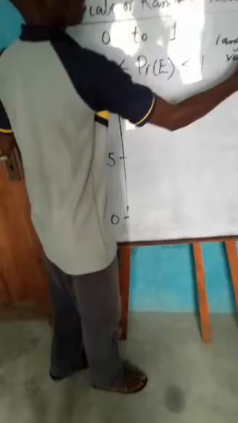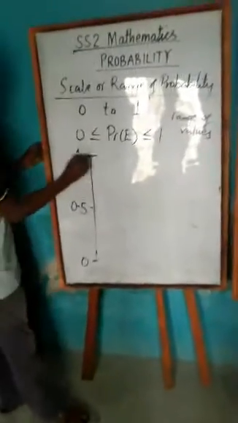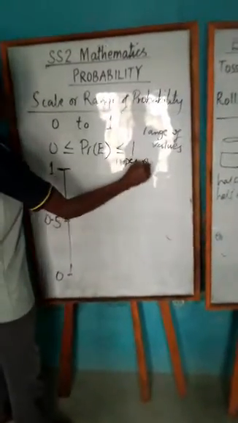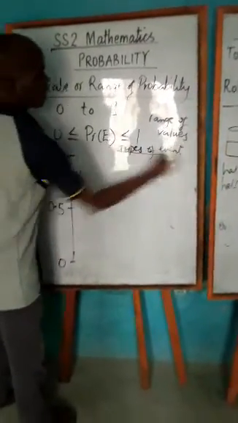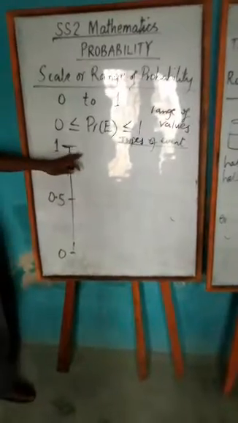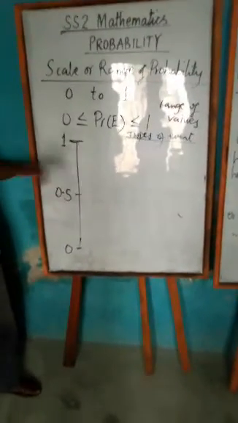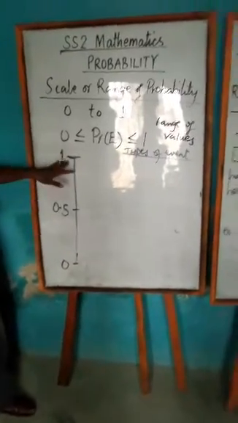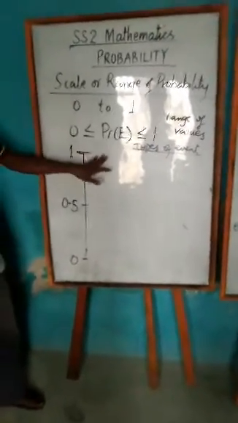You all are familiar with range of values in inequalities. So if you have this scale, I want to combine this with types of event. An event that has a probability of 1 simply means that it is certain, we are 100% sure that event will happen.